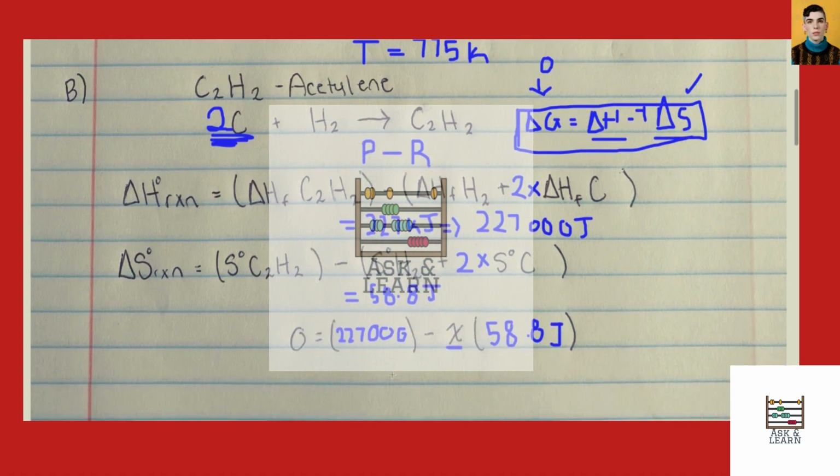Solving for X, we should get T equals 3,855.4 Kelvin. And above this temperature, the reaction will be spontaneous.